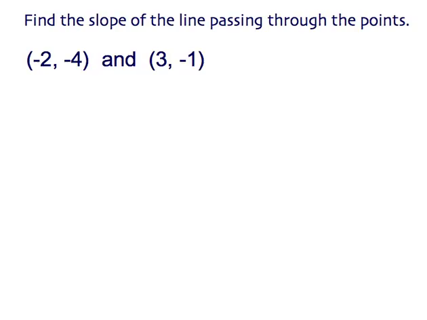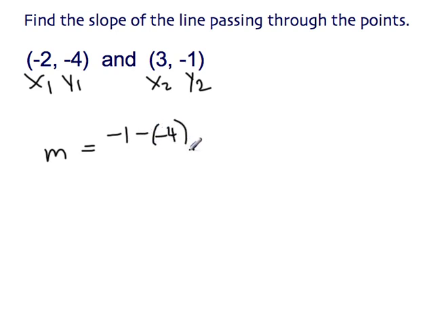Find the slope of the line passing through the points. So first let's label these points. Let's say this is point (x1, y1), and this is (x2, y2). So now if I want to find the slope, I need to take y2, which is -1, minus -4, that's y1, all over x2, which is 3, minus x1, which is -2.